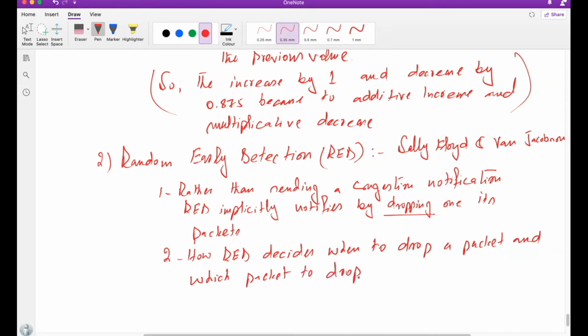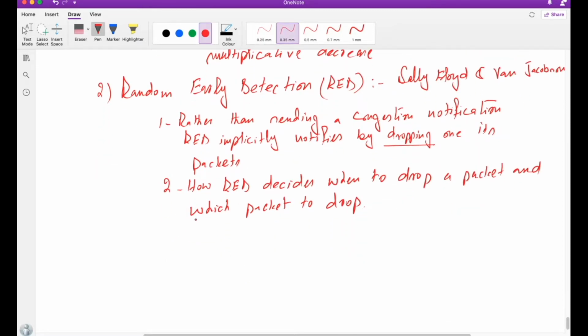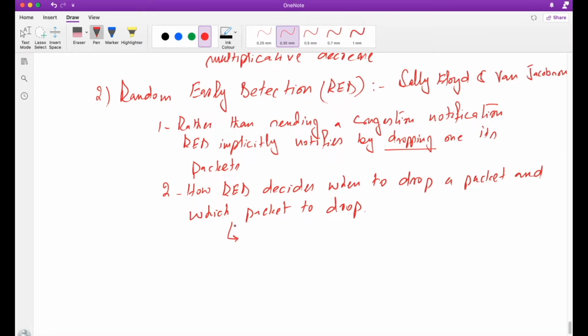So these are two important decisions that we have to make in RED, and this happens with some drop probability.